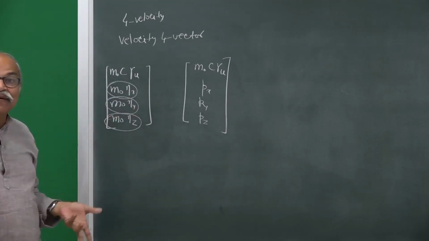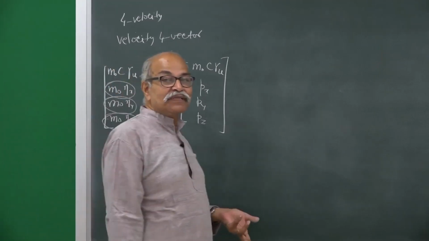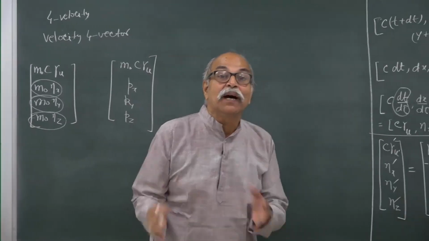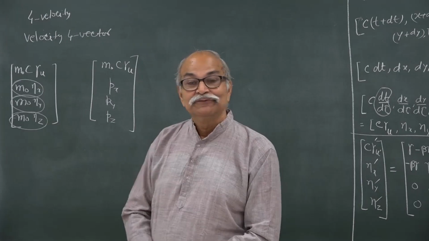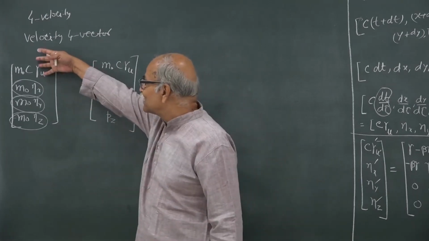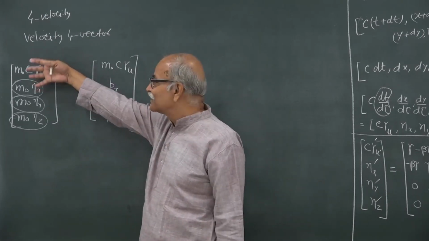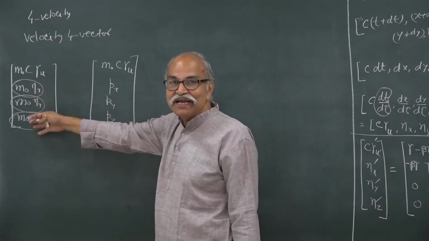So, the x, y, z components of linear momentum are part of a 4 vector, the spatial part of the 4 vector. This 0th component is called the temporal part and these 3 components are called the spatial part.